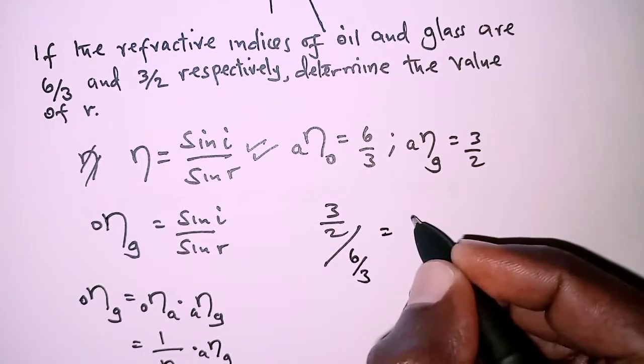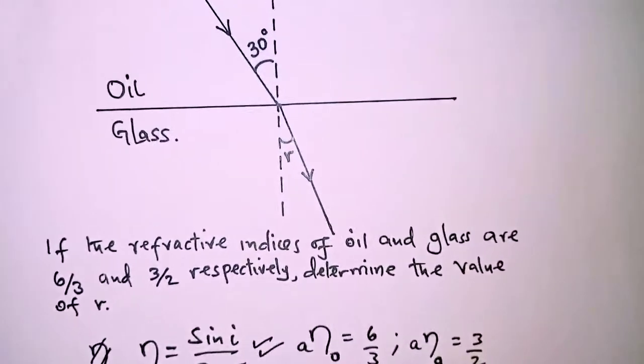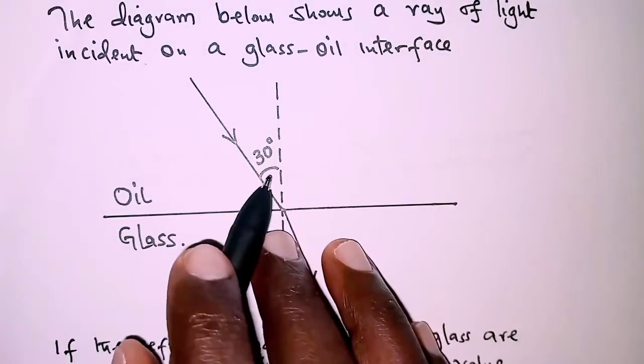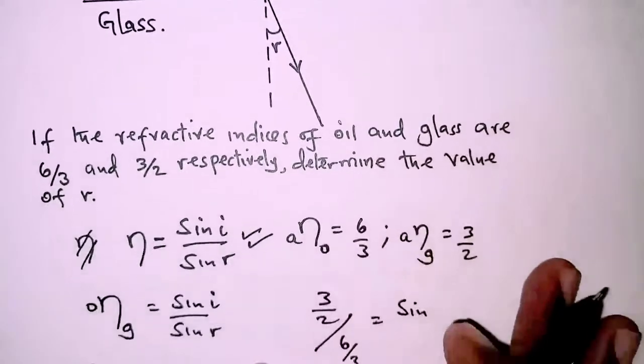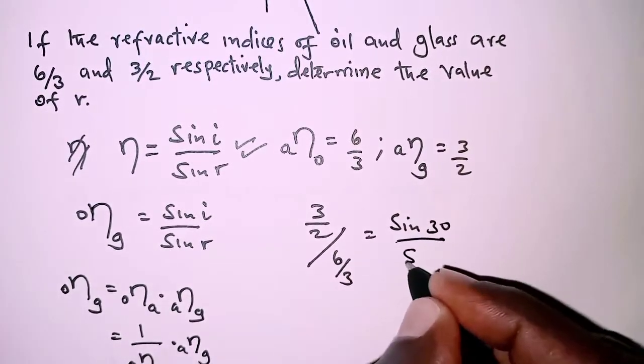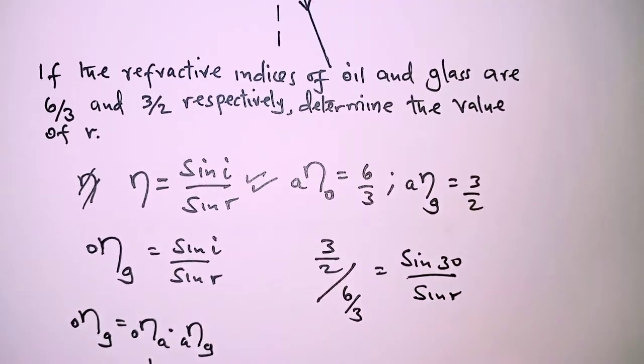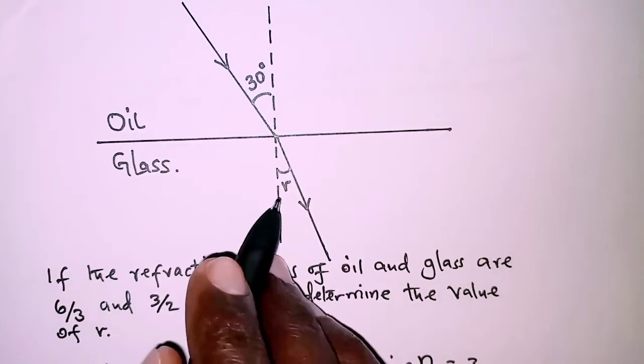That should be equivalent to sine of the angle of incidence, and from the diagram we have the angle of incidence as 30. So we're simply going to have sine of 30 over sine of the angle of refraction, where R is the angle of refraction, and that is what is needed.